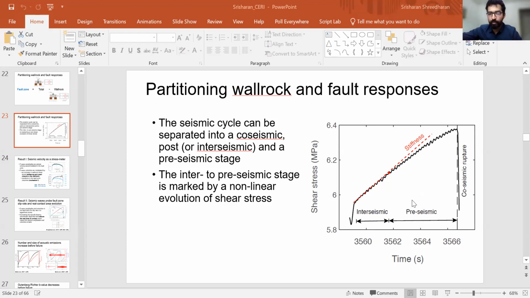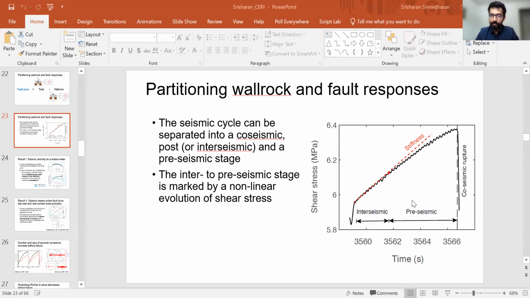In nature, you don't really have that luxury. Pre-slip might happen for a couple of seconds, a couple of minutes, a couple of days at most. And the pre-seismic moment release in nature is also less than 1% of the total cumulative seismic moment release, as best we can tell.